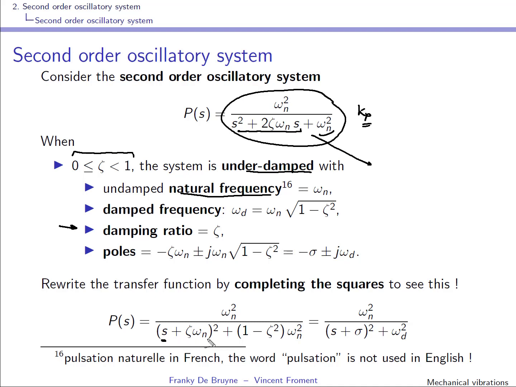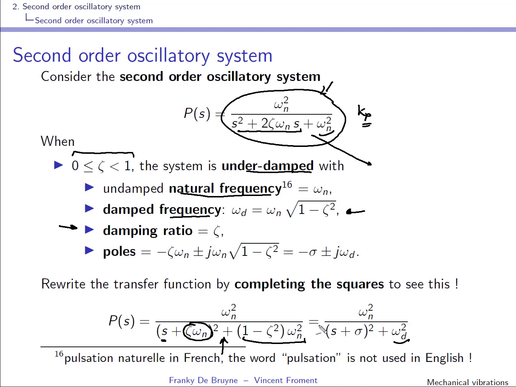Okay, when you complete the squares, you see that you have taken a little bit too much, and this is why you have to subtract the square of this one, which is zeta squared times omega n squared. So this notation over here is totally equivalent to this one, and we'll call this one sigma, and we'll call this thing here omega d squared, and this is what is called the damped frequency.